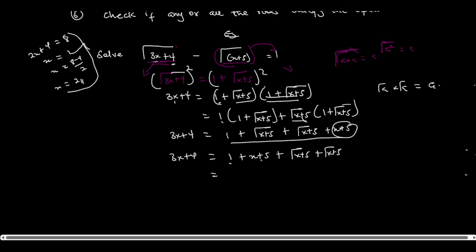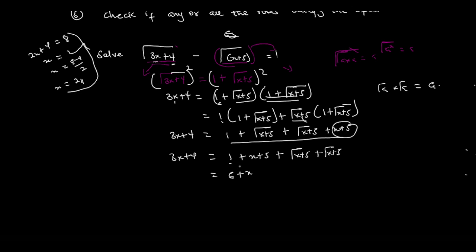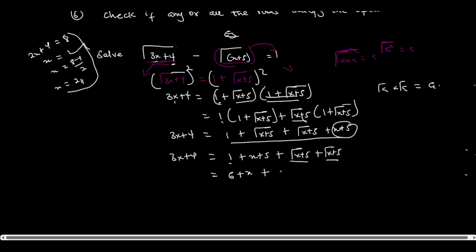When we simplify, 1 plus 5 is 6. So we have 6 plus x. Yes, plus. What is this plus this? I'm getting 2 root x plus 5. Addition of 6. I really hope you understand it.